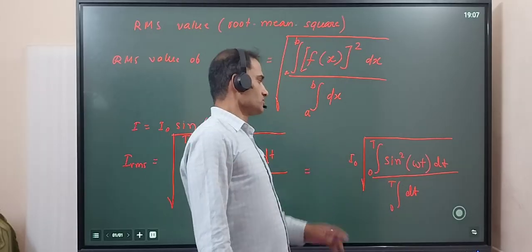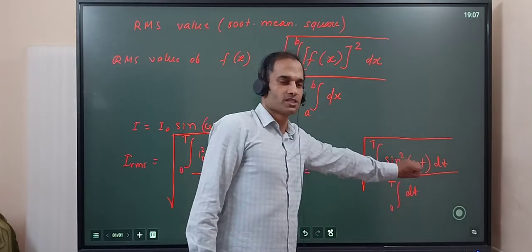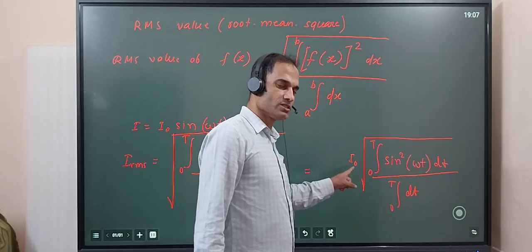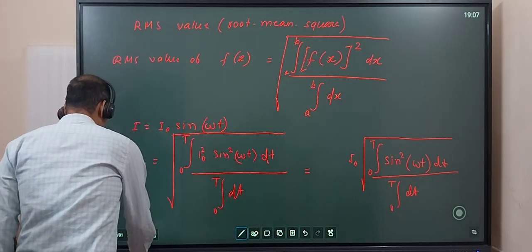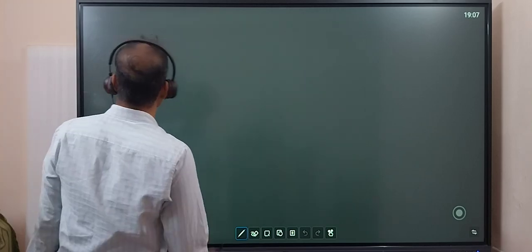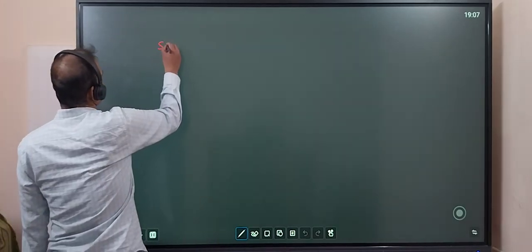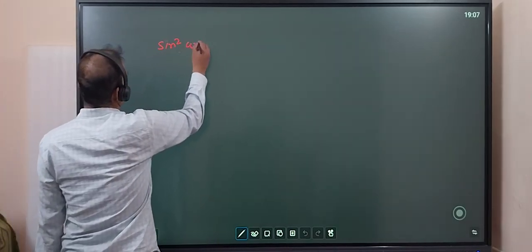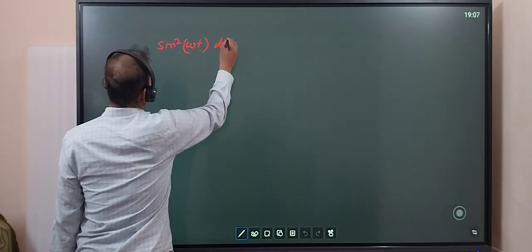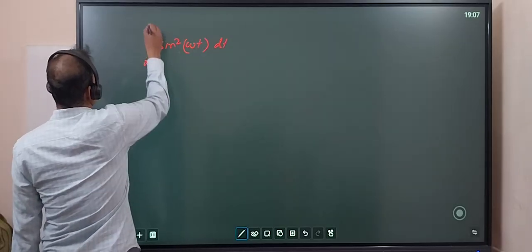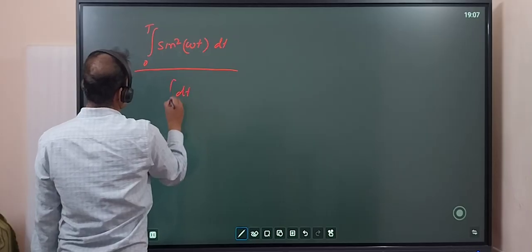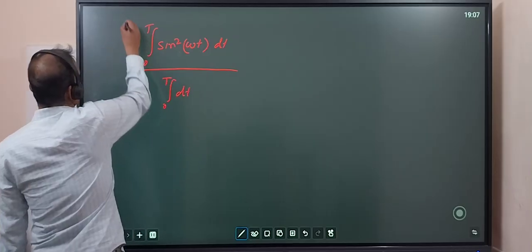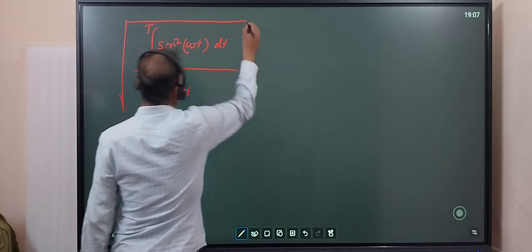I will do this calculation on the next page: integral of sine square omega t dt over one time period divided by dt over one time period, then we take a square root.